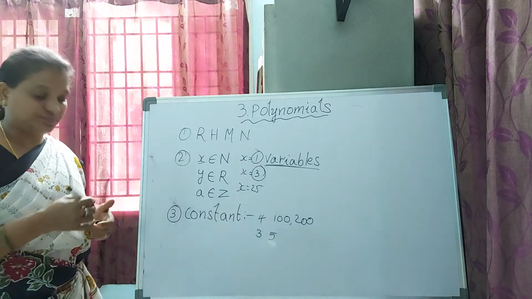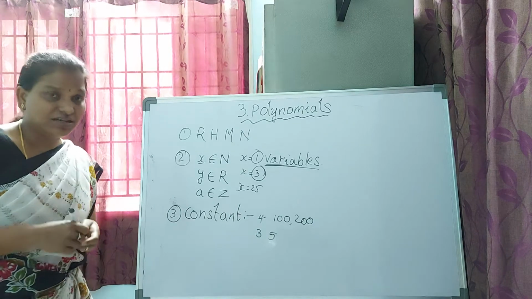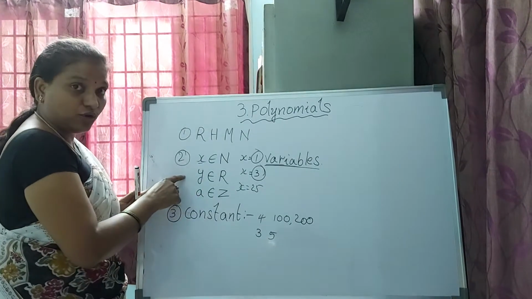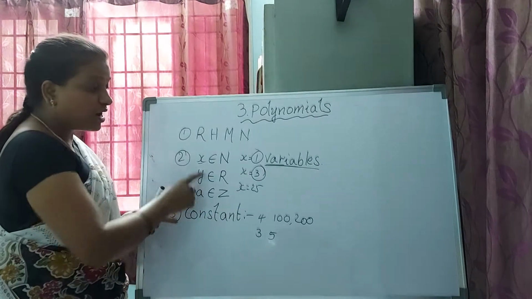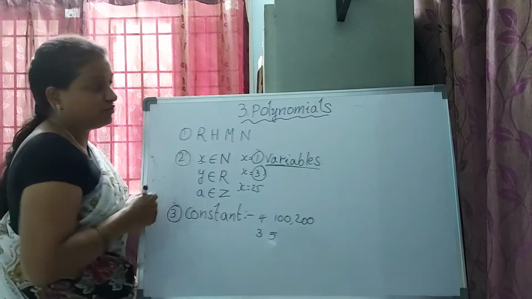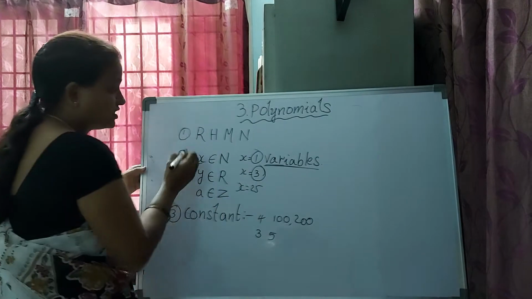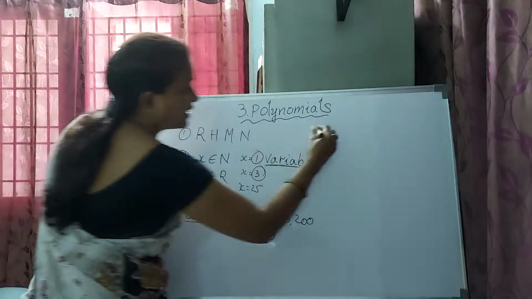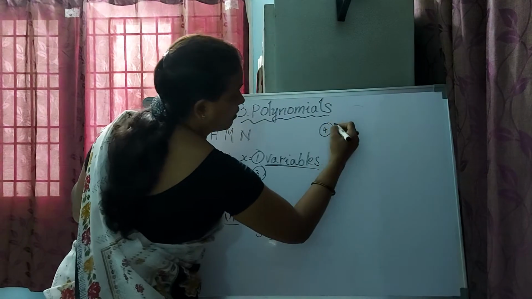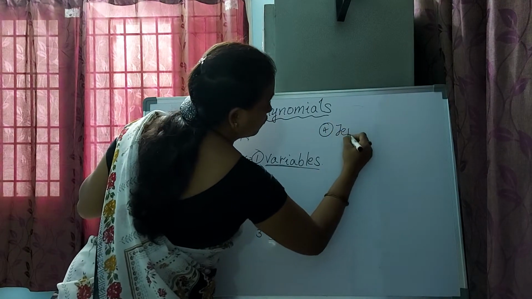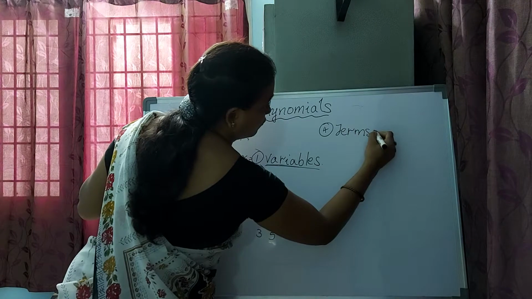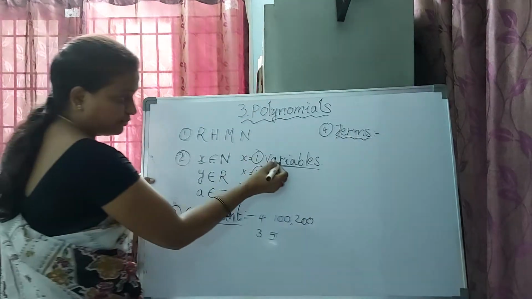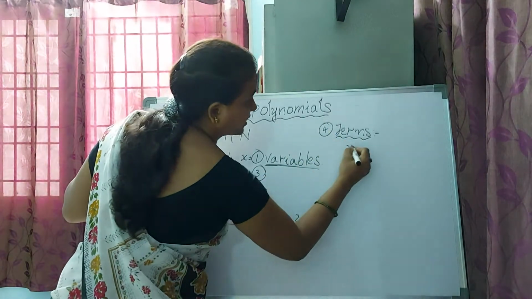What are terms? Terms means the combination of variables alone or constants alone, or both also we can write. First we saw the variable, next constant, next terms. The variables alone also we can write.